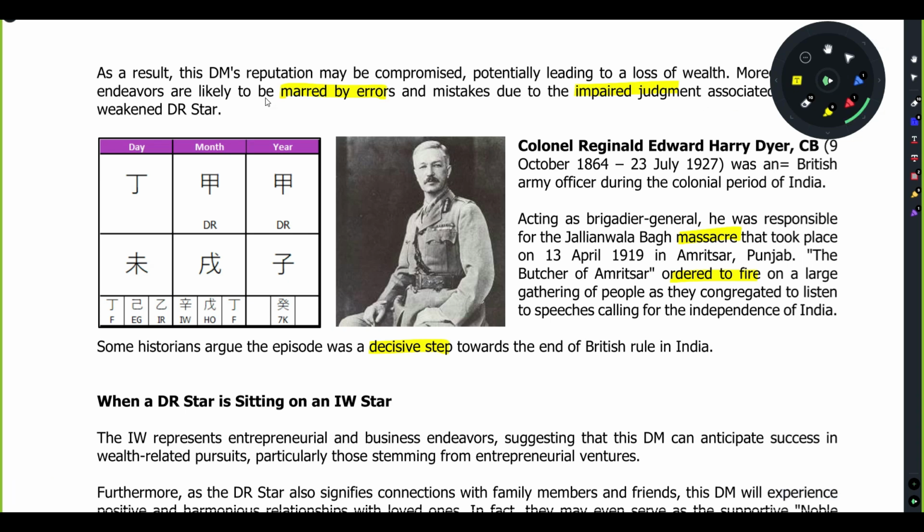But in a way, we can also see that this is Jiawood sitting on earth. Now, wood controls earth. Therefore, this is a controlling pillar. Generally, a controlling pillar is inauspicious.